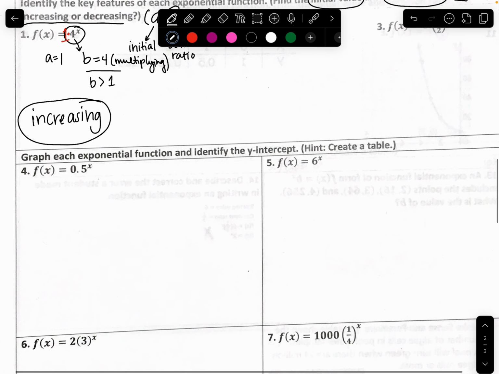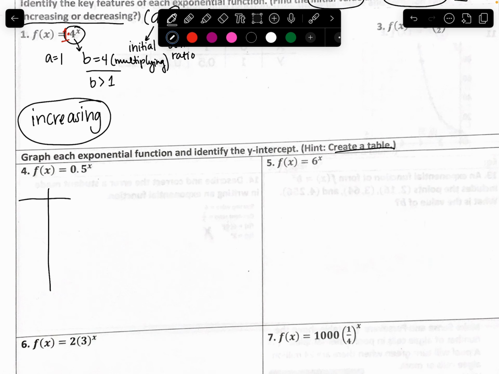For number 4, graph each exponential function and identify the y-intercept. Hint, let's go ahead and create a table. Alright, we have x and y. First, let's go ahead and find our a. Our a, there's nothing in the front, so we're going to put that invisible 1 there.